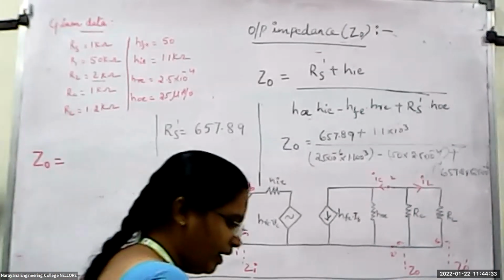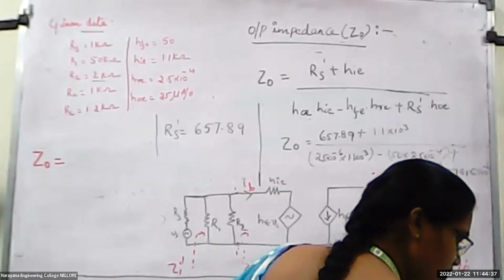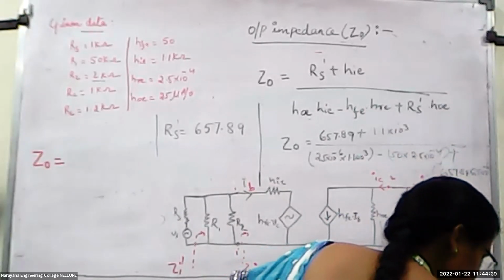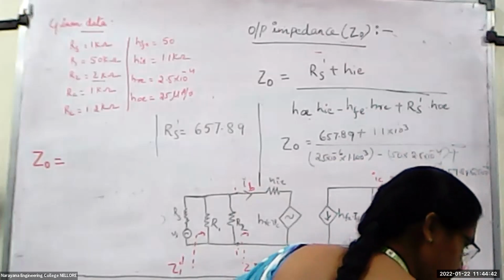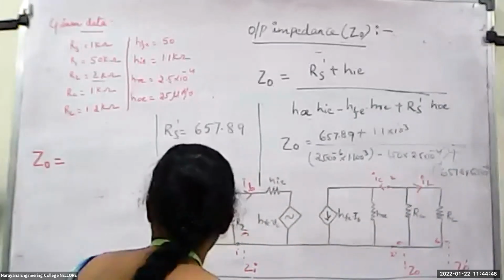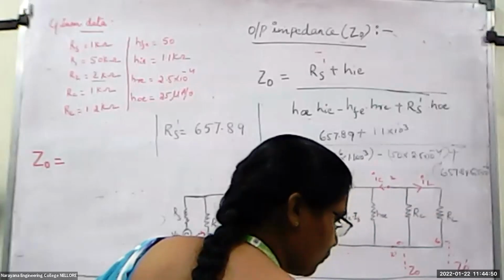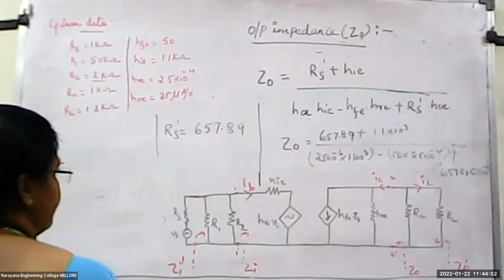I think you have a break now. Yes, ma'am. Just completed this. You can complete this third unit. Just give me 5-10 minutes. What is the Z naught value?